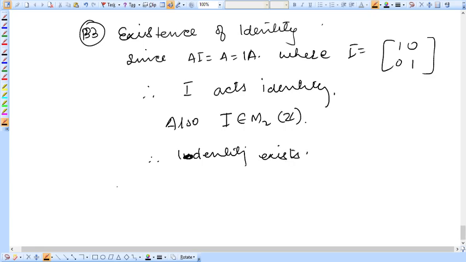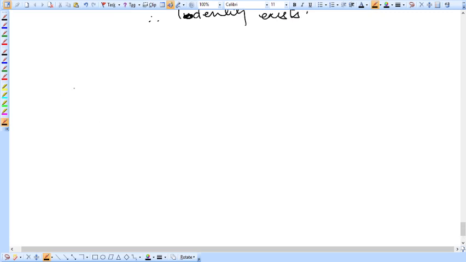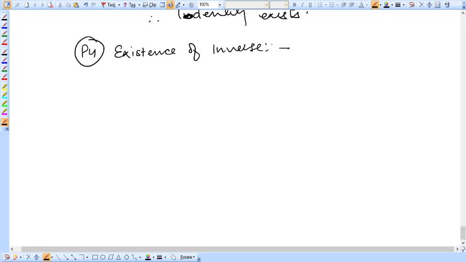Now the fourth property, existence of inverse. So see here, if we have some element A whose entries are 1, 1, 1, 1, we know the determinant of this would be 1 minus 1, that is 0.